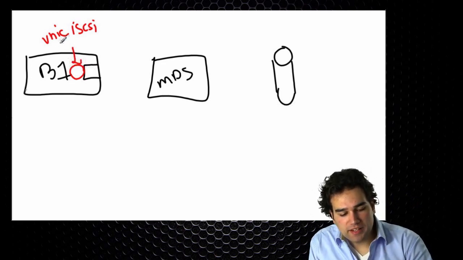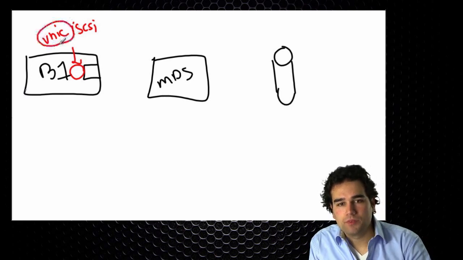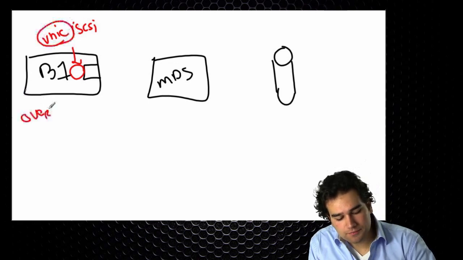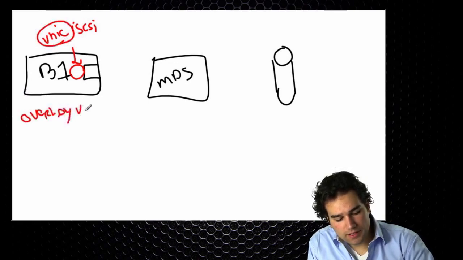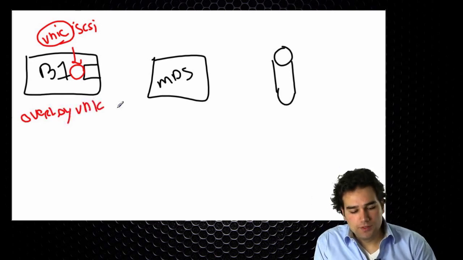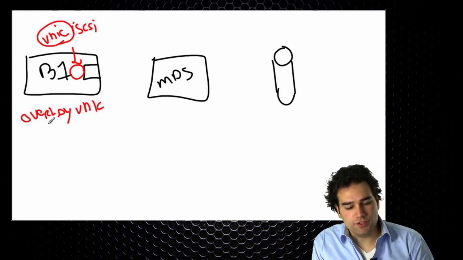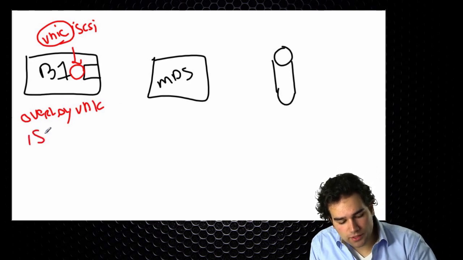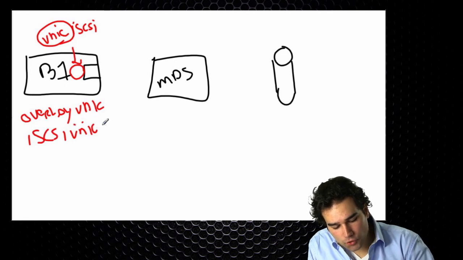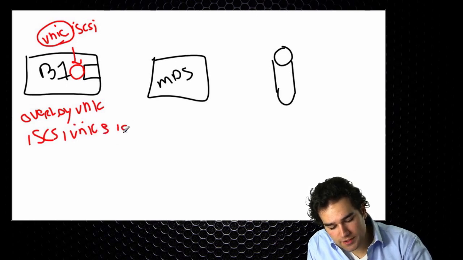On top of my network interface, to support iSCSI boot, the UCS uses a thing called overlay VNICs. And the only application for using overlay VNICs is iSCSI. So I create an additional VNIC, which is called an iSCSI VNIC, and I called that iSCSI boot.